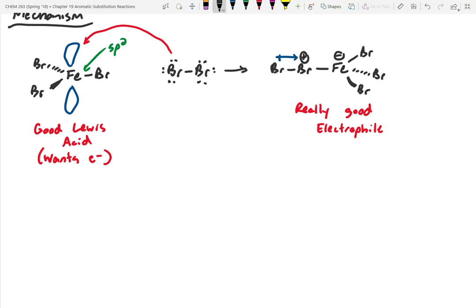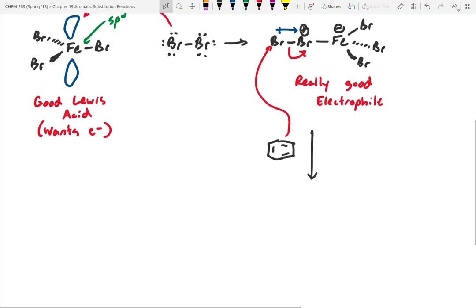So in the next step, we'll have our aromatic molecule, in this case benzene, act as our weak nucleophile. And this weak nucleophile will steal this bromine, give the charge back to the interior bromine, and create our sigma complex.